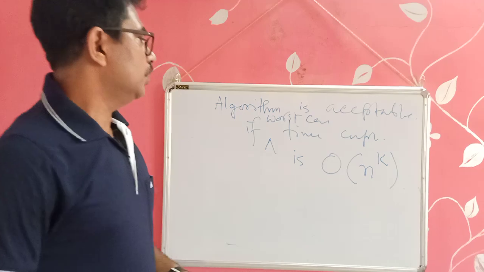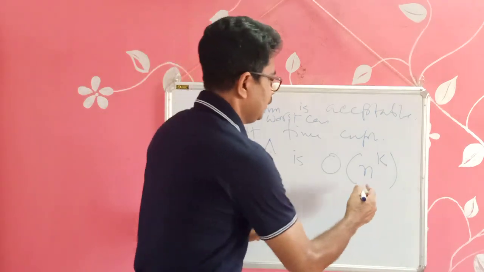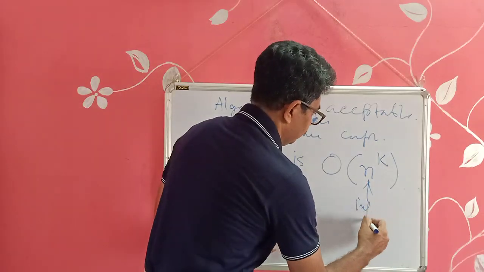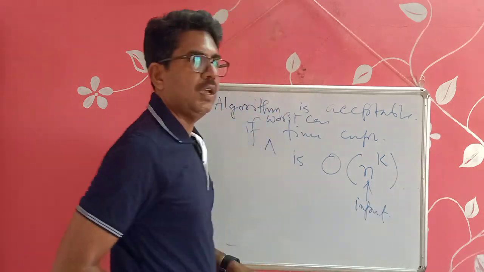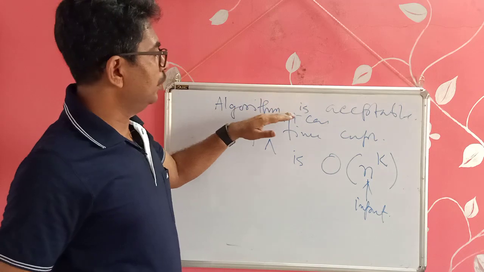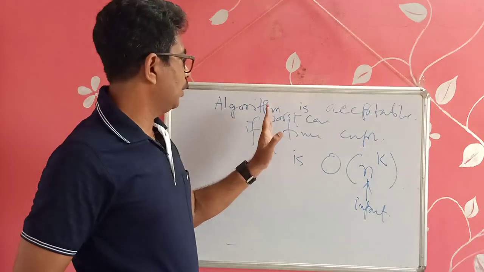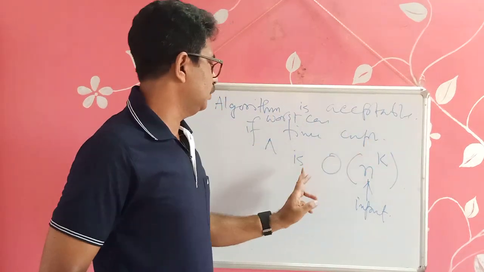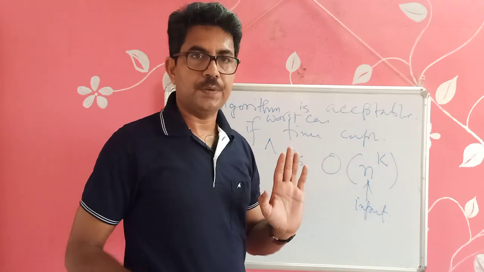What is the meaning of this? n is the input size and k is any value. So we say that an algorithm is acceptable if the worst case time complexity is order of n to the power k.